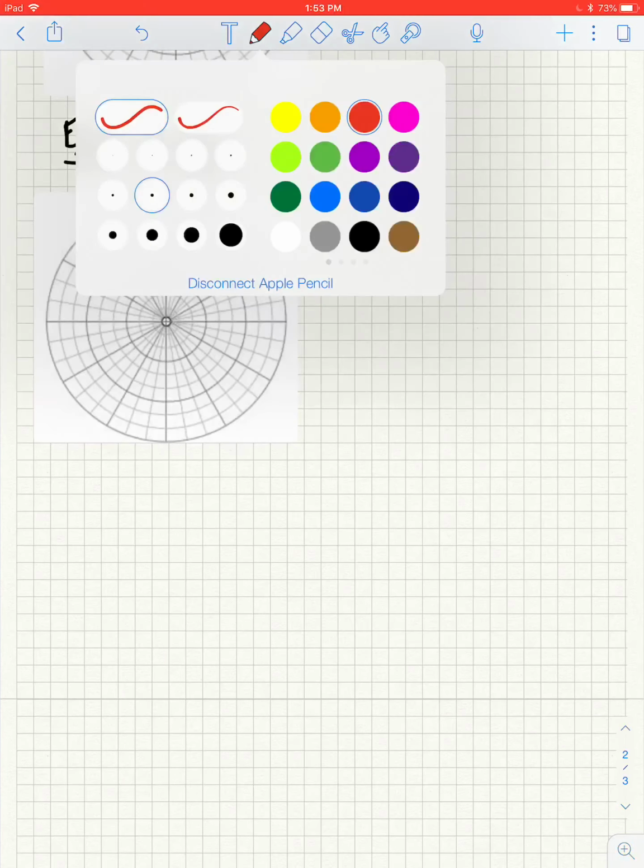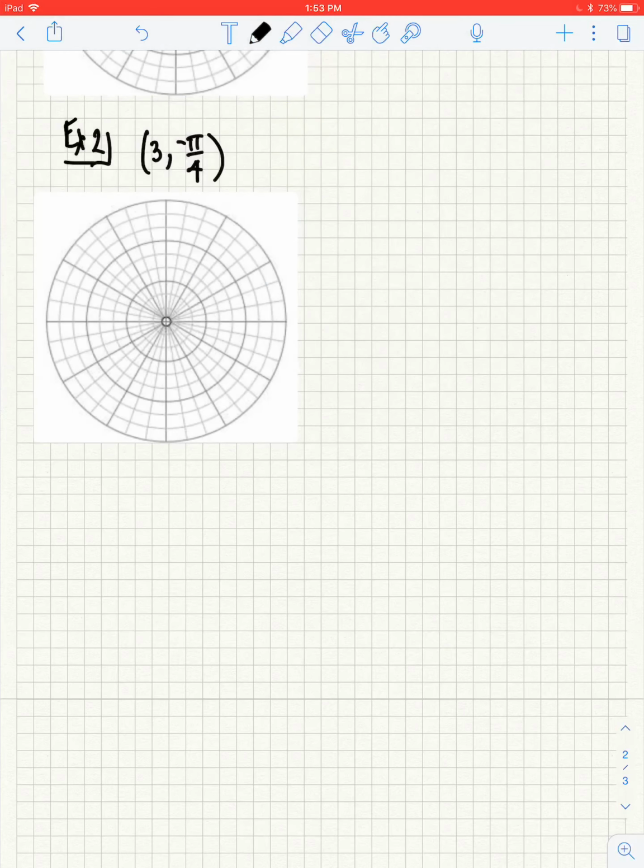Now if you had a negative angle, like we were talking about before, you are still starting on your initial side, and this time you are going negative pi over 4. Let's see how many we have: 1, 2, 3, 4, 5, 6, 7, 8, 9. It has to be like 4.5.